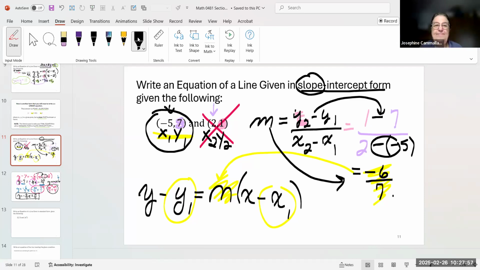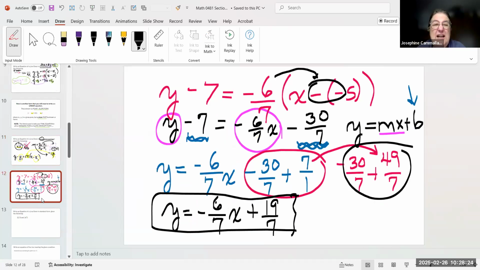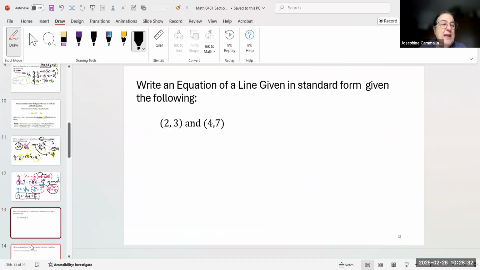Yes, I missed my negative on my form here. Let's try it again. 2 minus. Yeah, it's got to give me that. Good.